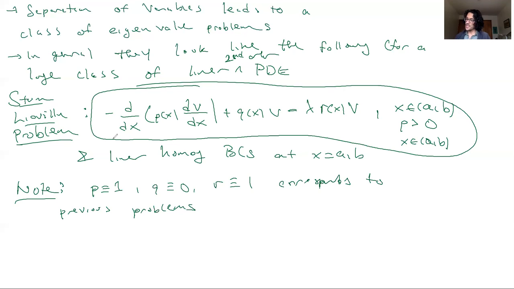And so we really want to dig into the theory of what we can say about this particular problem as far as the types of eigen solutions that it will produce.